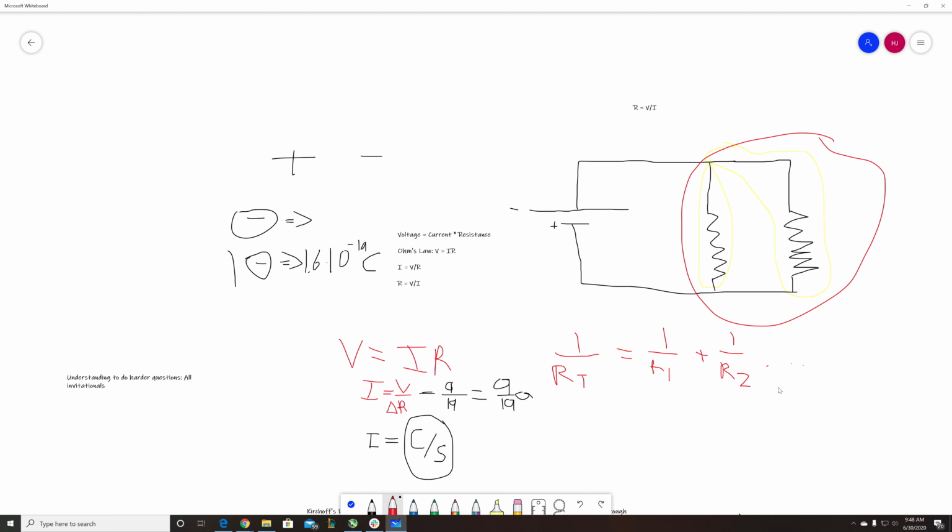But the key point to understand is that R1 and R2 is basically how to find it. Say I have 9 ohms here, and this is 10 ohms. There's a trick to solve only 2 of them, but that trick is not really needed. So let's just go to the basics.